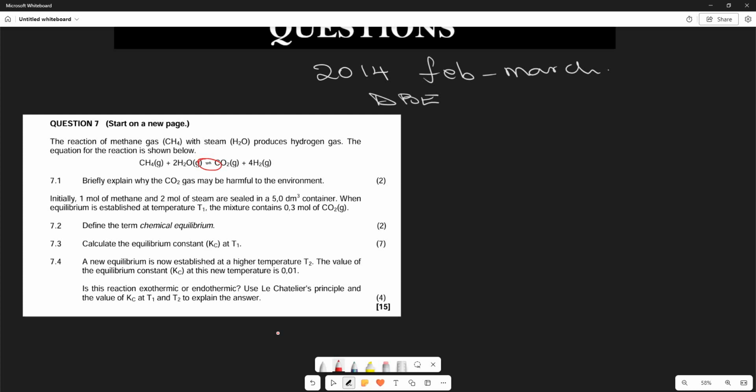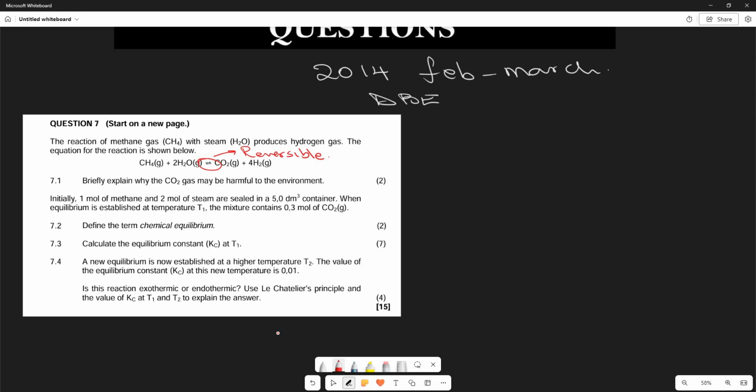There's a double arrow there, which is informing us of something: there's one arrow pointing to the right and one arrow pointing to the left. So this tells us the reaction is reversible. When a reaction is reversible, it implies that the reactants form product, and product can be changed back into the reactants.